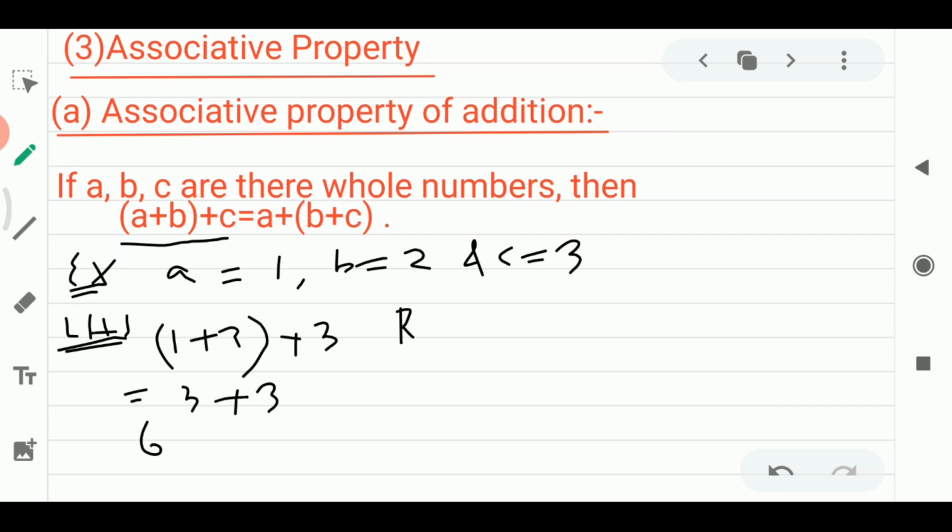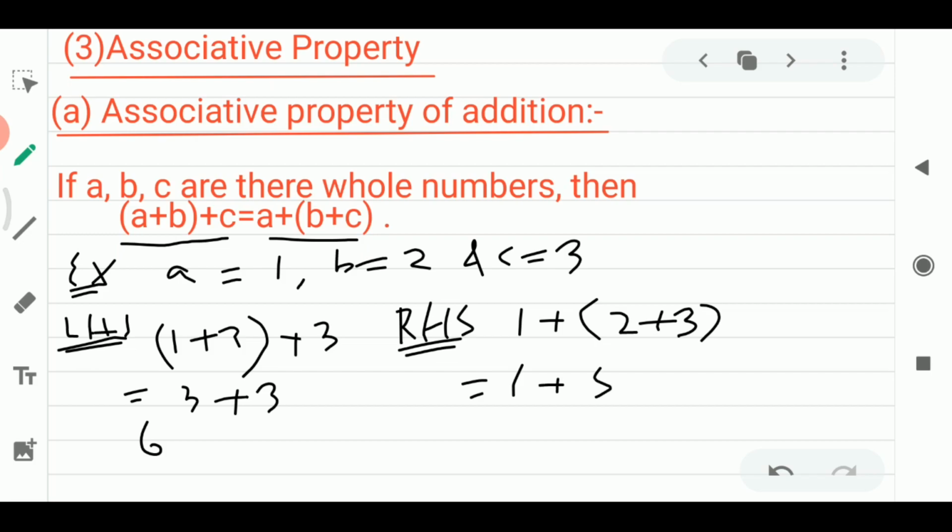Then take the RHS. In the RHS, it is a plus b plus c. It means 1 plus bracket 2 plus 3. 2 plus 3 is 5. Now 1 plus 5 is equal to 6.